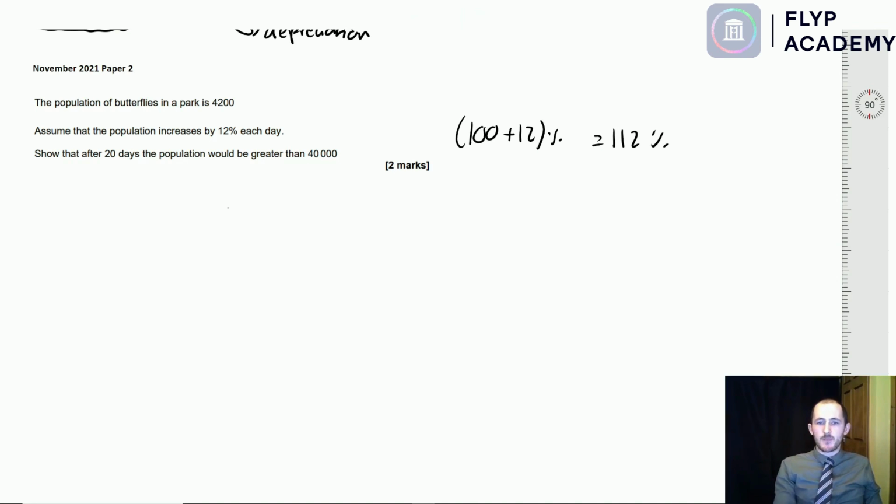Now if you remember, I said that final is just equal to initial times your percentage as a decimal, so that's 1.12, to the power of the number of years or days. In this case it's days, it really doesn't make a difference. This is going to be a very big number.